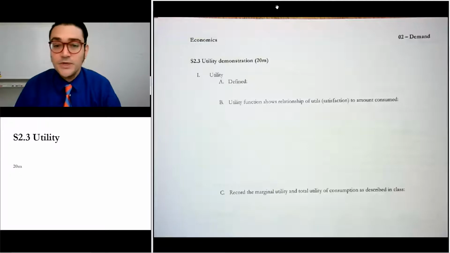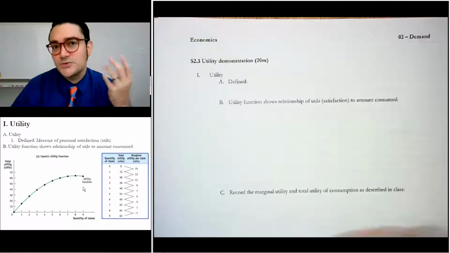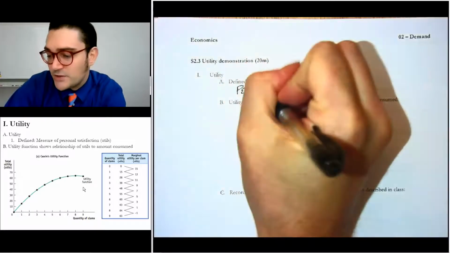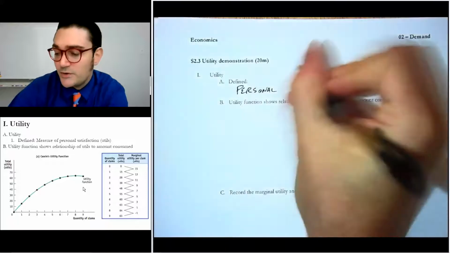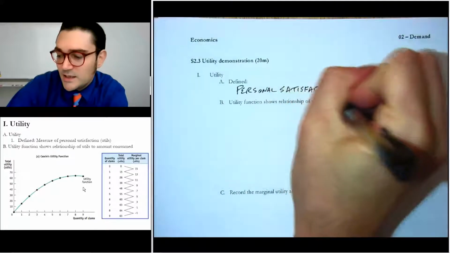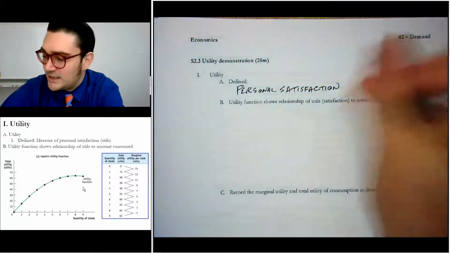So let's get started. Utility is just the idea of your personal satisfaction that you would get from consuming something. We have a hard time explaining it in concrete terms because it's not a real phenomenon. But if we just said, how much did you enjoy that on a scale of 1 to 10?